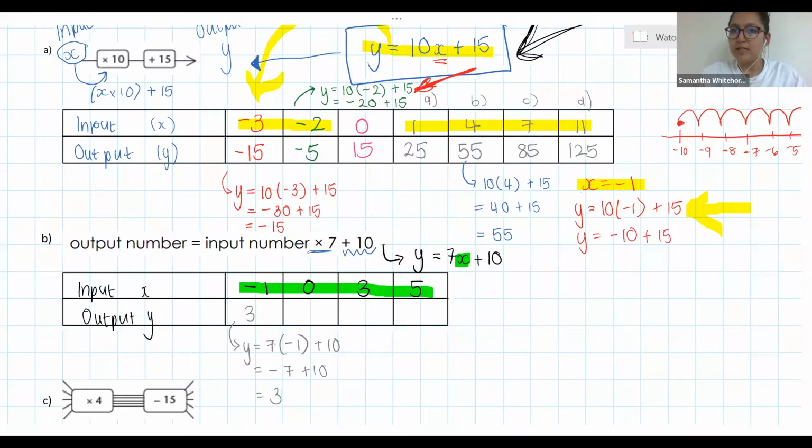Alrighty, Njabulo, tell me the output when the input is 0. Oh, sorry, I'm sick. Oh, it's all right.